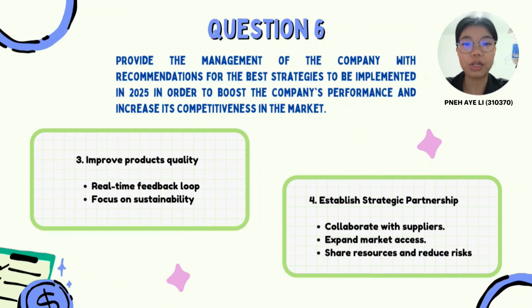And the fourth recommendation is to establish strategic partnerships. First, collaborate with suppliers. The company can partner with reliable suppliers to help secure better pricing, consistent quality, and stable supply. Secondly, expand market access. Strategic partnerships will allow the company to enter new geographic or customer markets more quickly.